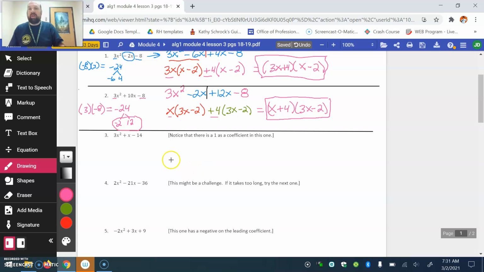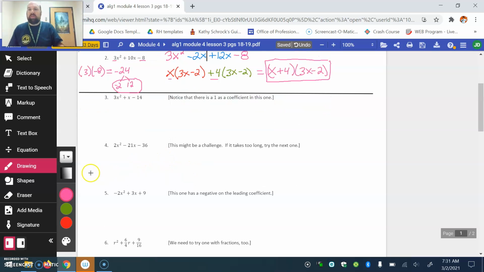Not too bad, right? Okay, let's go to number 3. What you've got to recognize in number 3 is that there is a 1 in front of the x. Now, we're going to do this one the same way. I'm going to multiply the lead coefficient, 3, and negative 14.